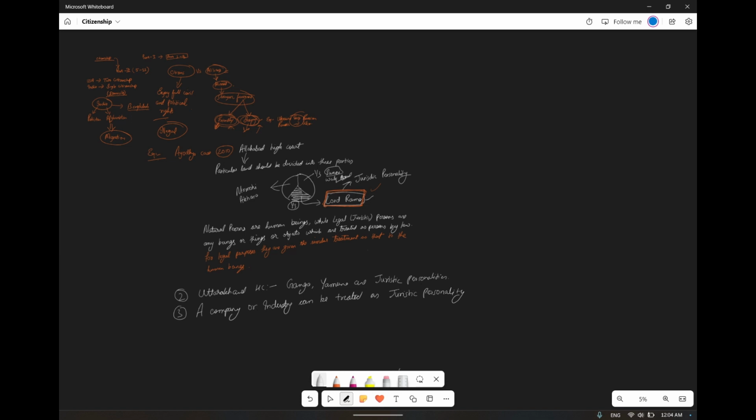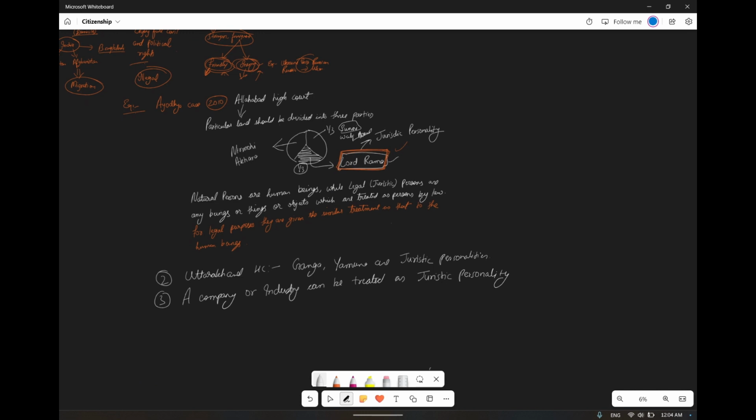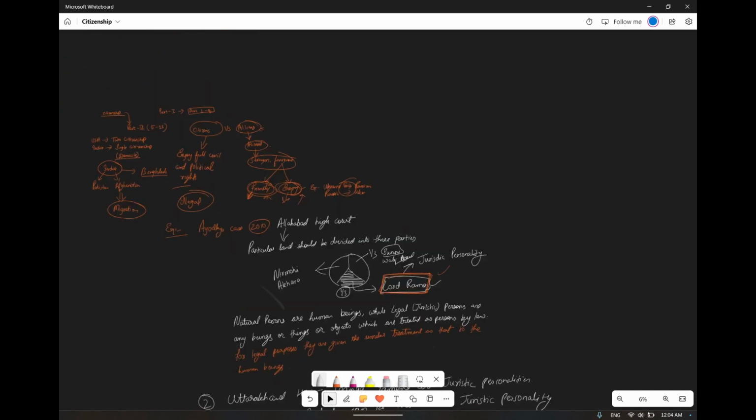There is also a concept of juristic personality, where a court can consider any being, anything, any object as a juristic personality, which will be treated as a human being only. One example we have seen in the Ayodhya verdict, another was in the Uttarakhand High Court case where Ganga and Yamuna were treated as juristic personalities. Even a company or industry can be treated as a juristic personality.